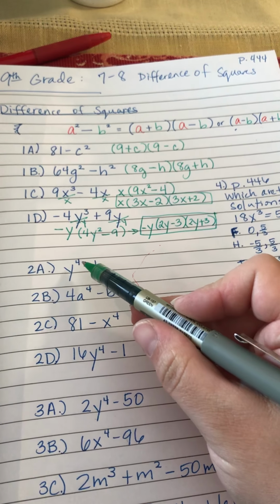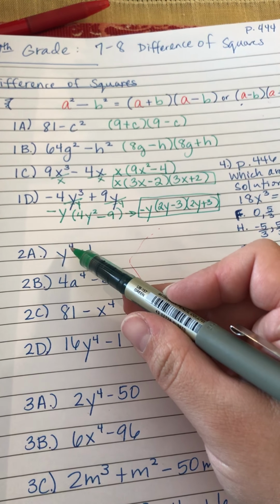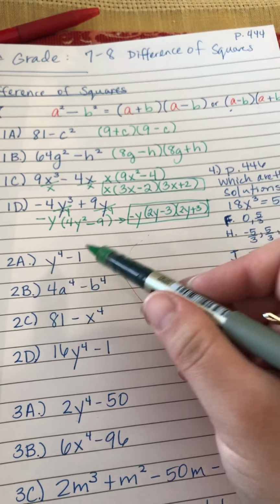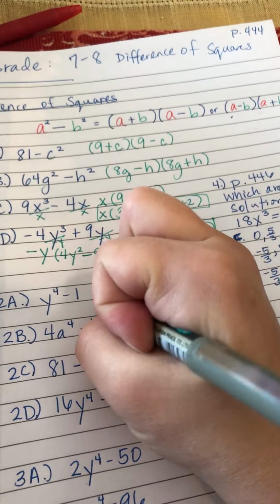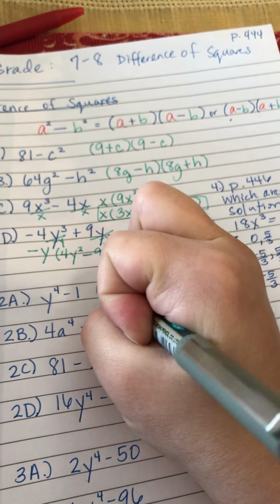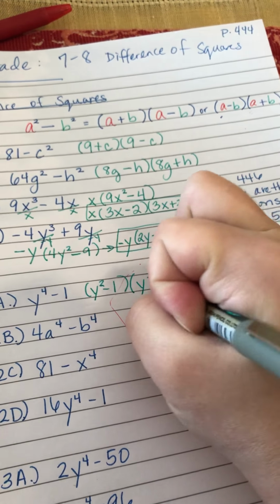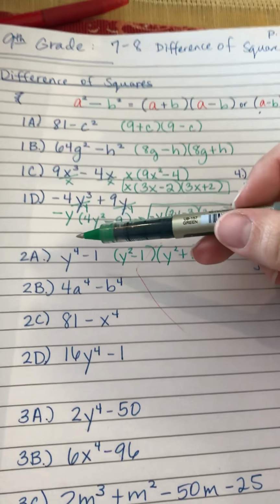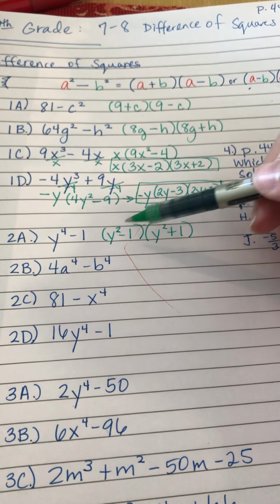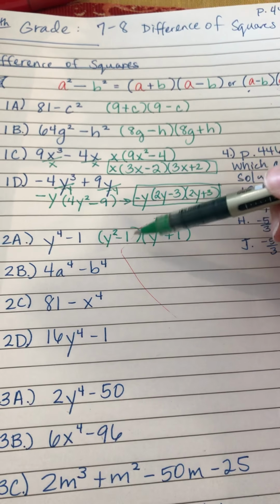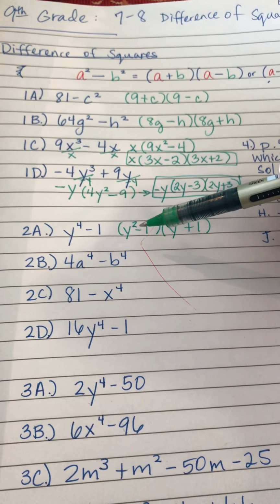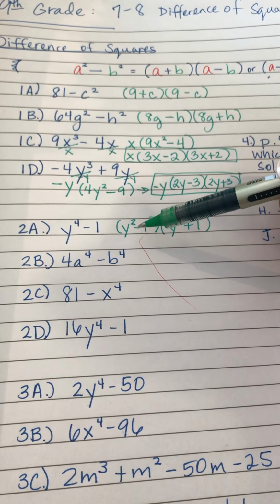These are the same, except for it's a 4. So when I take the square root of a fourth term, I'm going to get 2 left. So this one is y squared minus 1, y squared plus 1. Now, when you have a 4, you need to make sure that you can't factor anything else. So if I look at this one, I'm still doing difference of squares, and I notice that this has a minus sign.